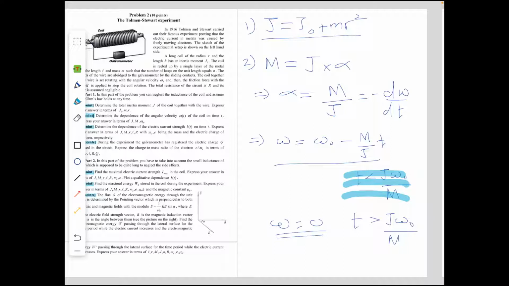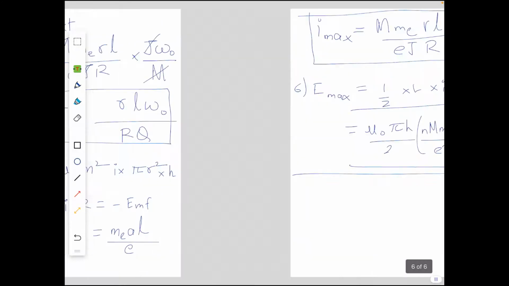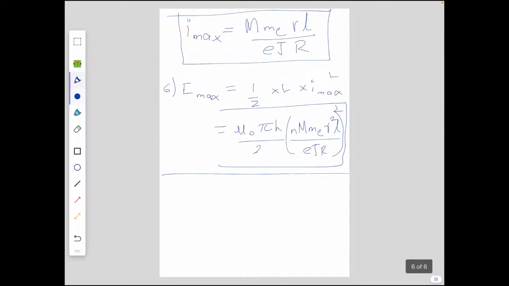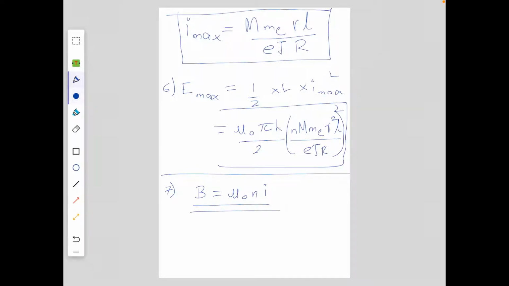So for this, we will need to find the E and B at the time of changing currents. First of all, the magnetic field at any time inside the coil equals mu naught n into I. Now, by Faraday's law, we can consider an EMF.